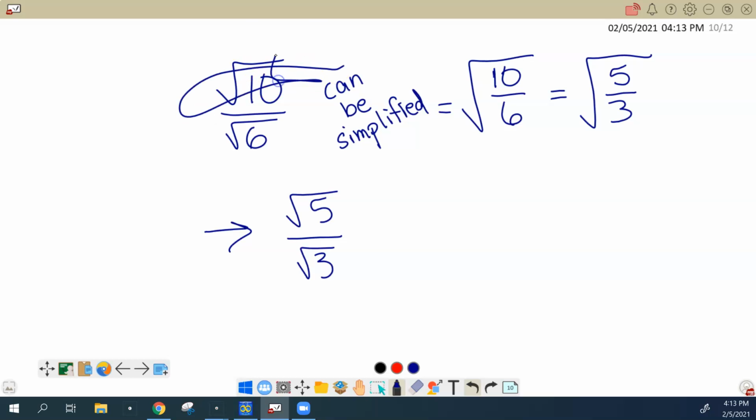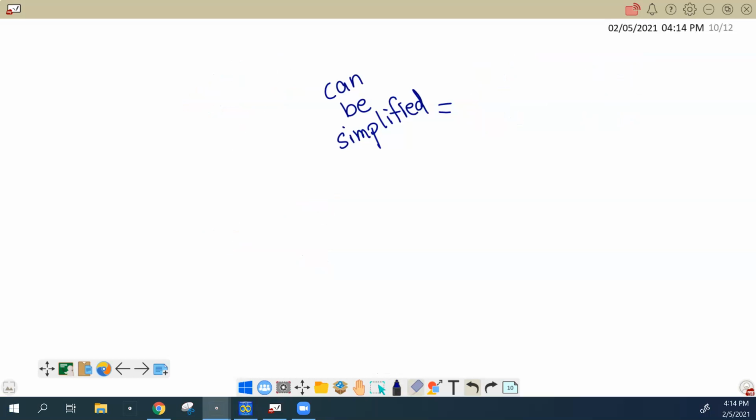Let's do another one. How about the square root of 15 divided by the square root of 6? Okay, well, I'm looking at these two numbers. They too share a common factor of 3.